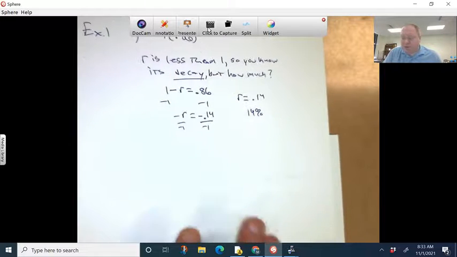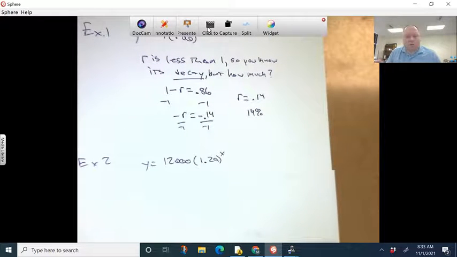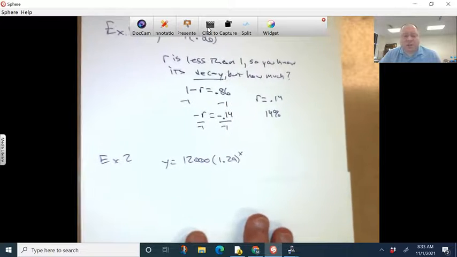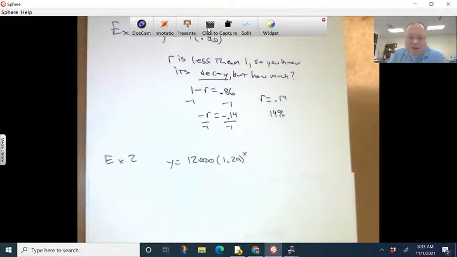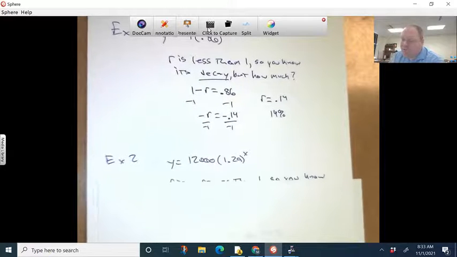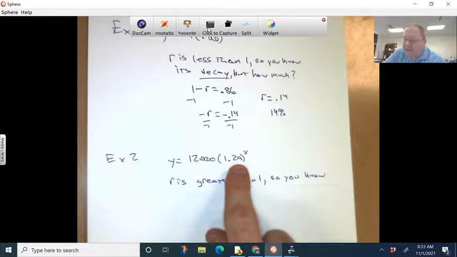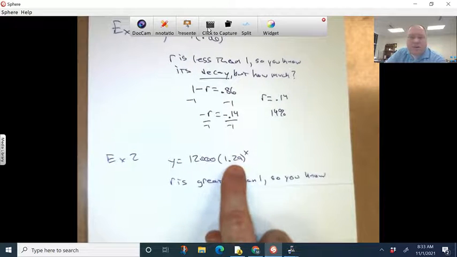Now, if it is growth, frequently we'll say you put so much money in a savings account, or you have some vehicle or collectible that's worth a certain amount and it's going to grow so many percent each year. So in this case, I know it's growth because this is greater than 1.